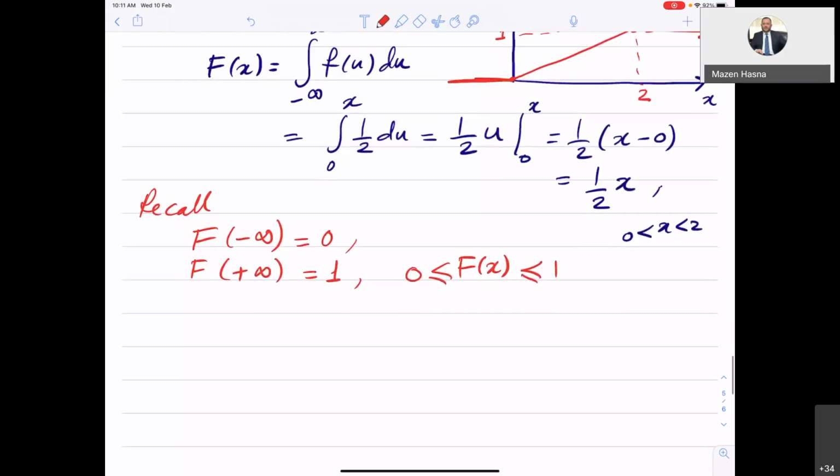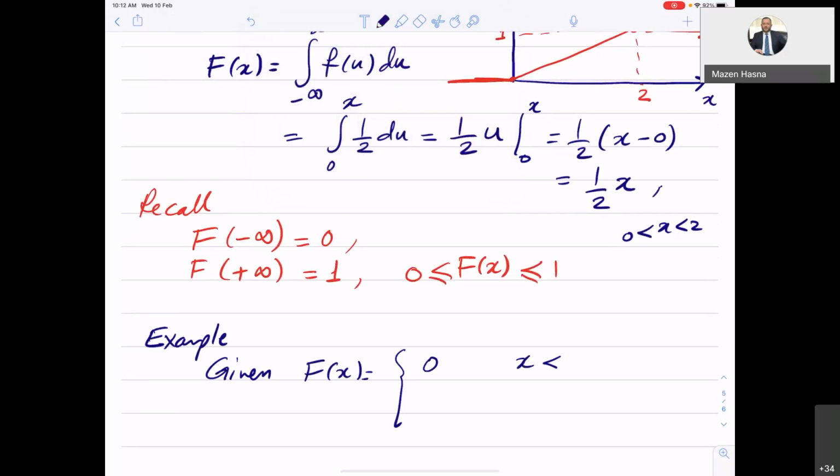Okay, let's do another quick example before we take the absence. Given f of x, I'm giving you a certain function: f of x is 0 when x is less than 0, 0.2x when x is between 0 and 5, and 1 when x is greater than 5.